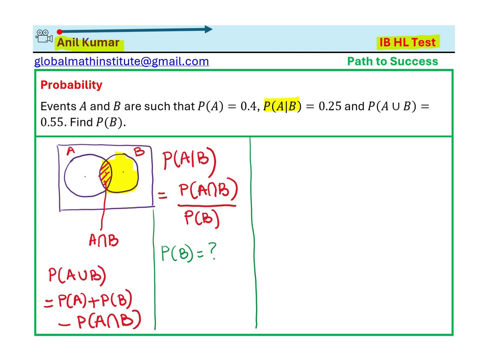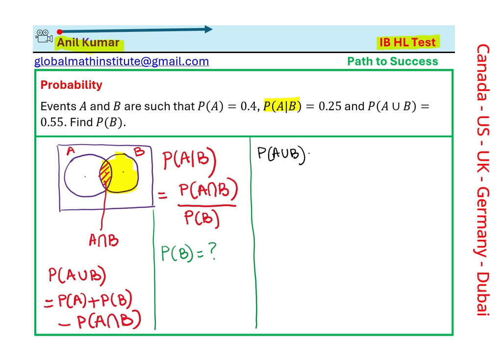First, probability of A union B is given to us, which is probability of A plus probability of B minus probability of A intersection B. Probability of A union B is 0.55.